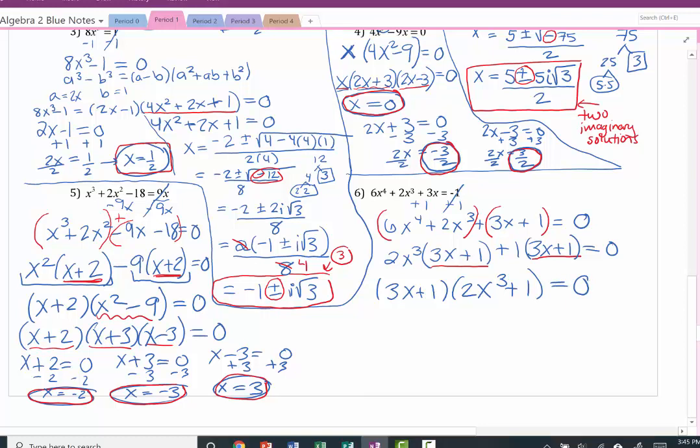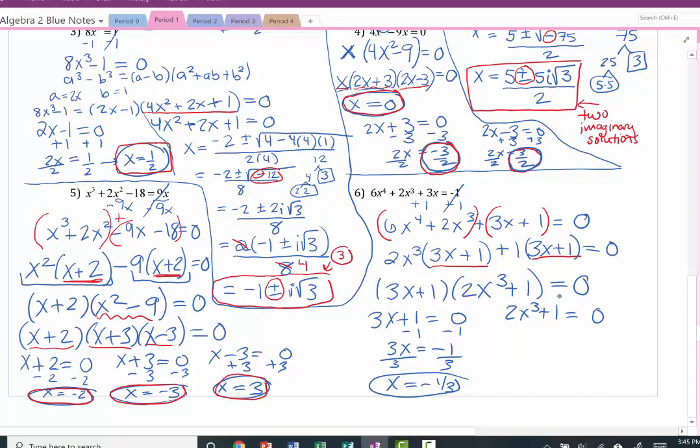So I can see here that if I set each of these factors equal to 0, I'll get one solution from this linear factor. I get x equals negative 1/3. And then I'll get a second real solution from this cubic factor.